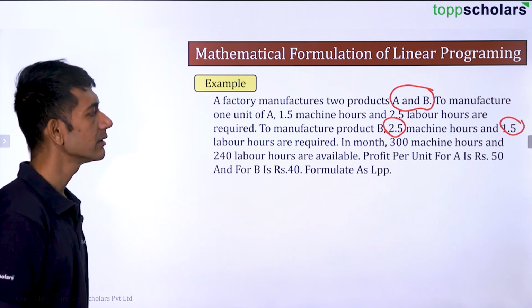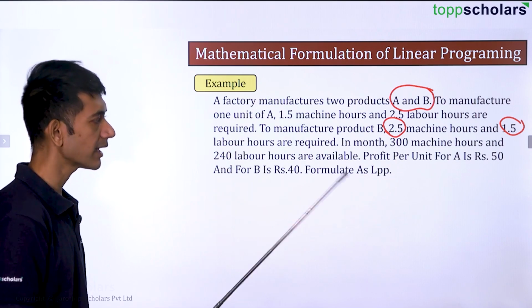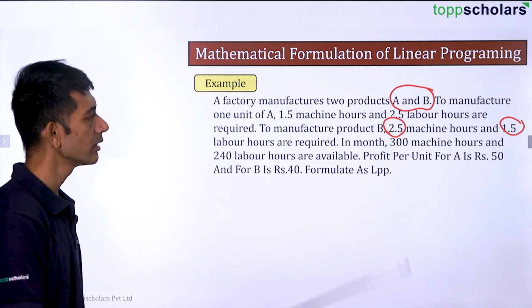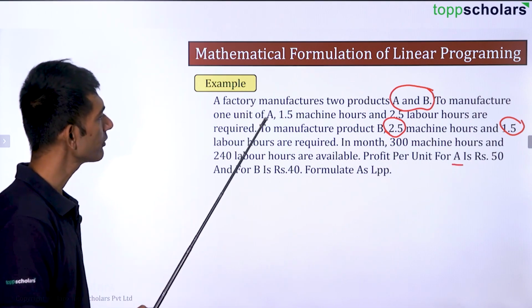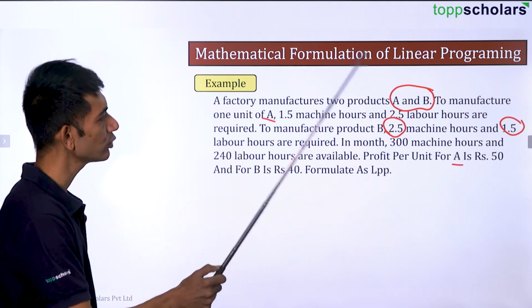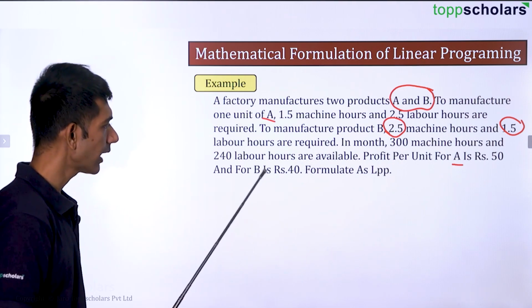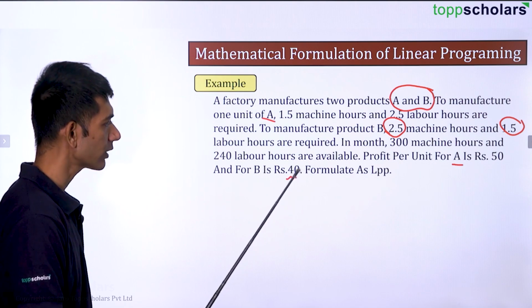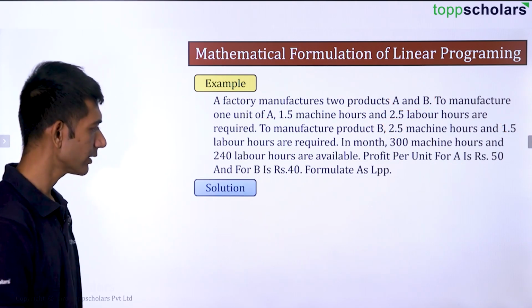In a month, 300 machine hours and 240 labor hours are available. The profit for A is rupees 50 and the profit for B is rupees 40. We are just supposed to formulate the LPP here. Let us see the solution now.